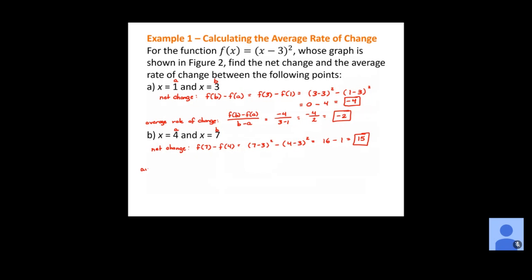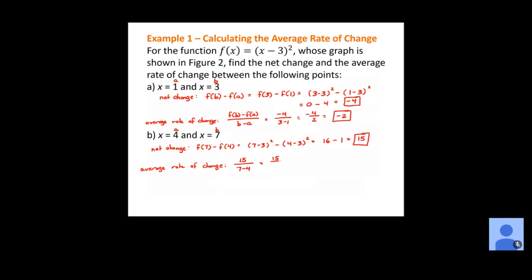And then again, we're going to do our average rate of change formula now. Now again, I've already calculated the numerator because that's the f of b minus f of a, so that's going to be 15. And we're going to divide that by what this time? Good. 7 minus 4 is just going to give us 3.